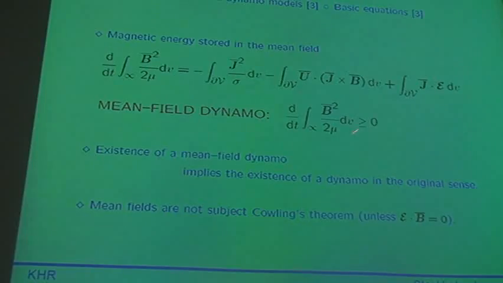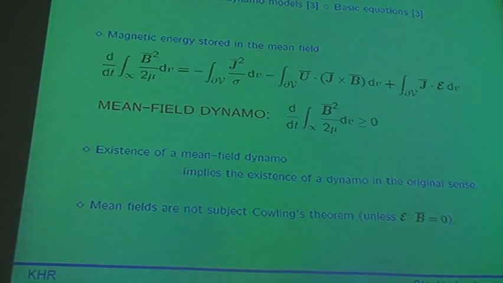Of course, a mean field dynamo requires that the right-hand side is not negative. I already explained this. An interesting aspect is that mean fields are not subject to Cowling's theorem.